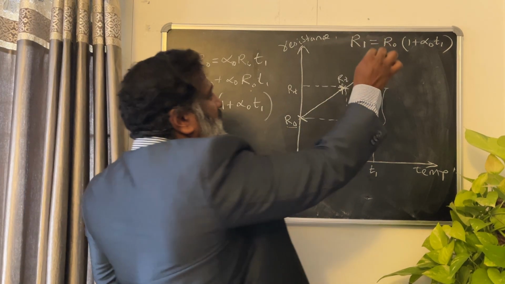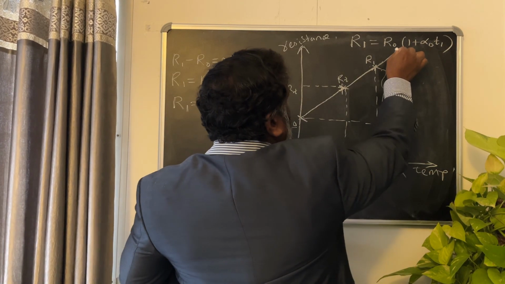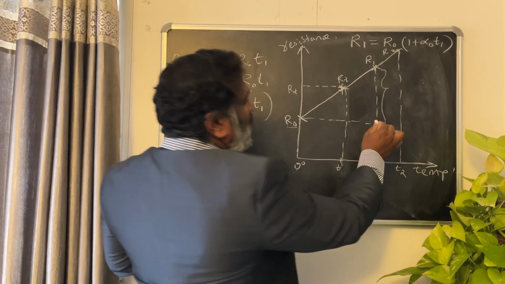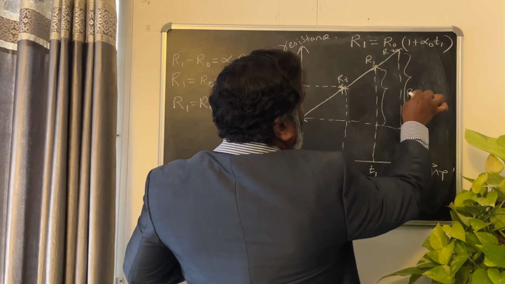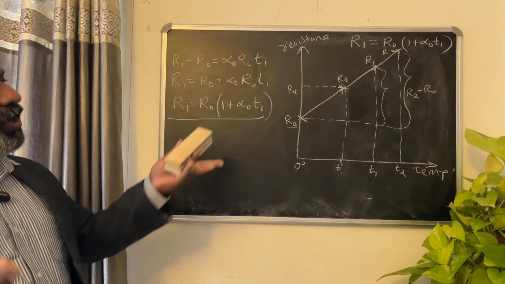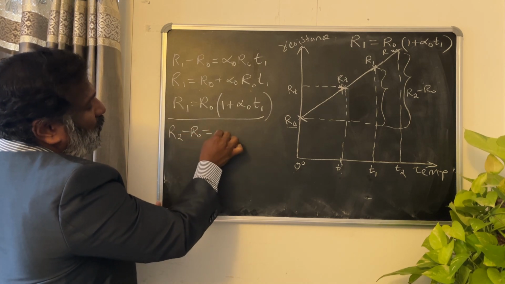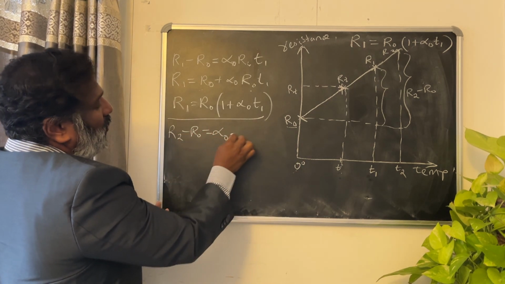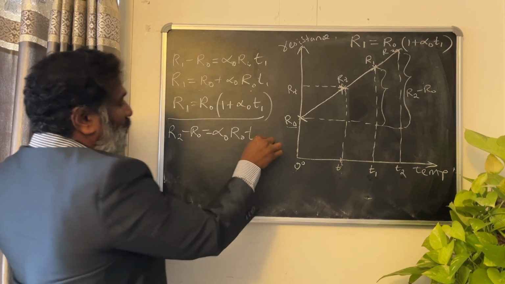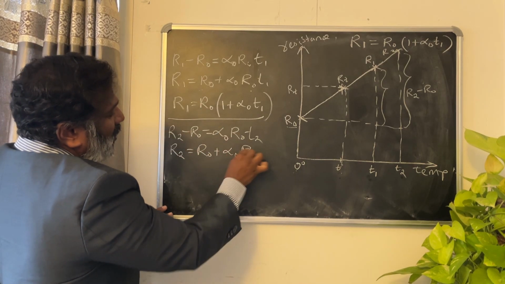Okay. Now I am increasing the temperature to another value T2 and the corresponding resistance is R2. So the increase in resistance is now R2 minus R0. Can you tell me a similar equation to find R2? So increase in resistance R2 minus R0 is equal to temperature coefficient of resistance at initial temperature 0 into resistance at initial temperature 0 into rise in temperature T2 minus 0, so T2. So similarly we can write R2 equal to R0 plus alpha 0 R0 T2.